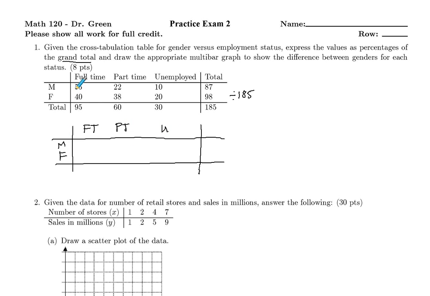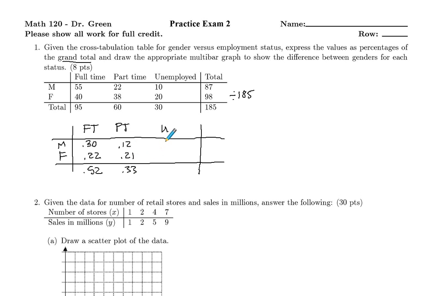So 55, we divide that by 185. And to the nearest percent, or to the nearest two decimal places, that's 0.30. 40 divided by 185 is 0.22. And 95 divided by 185 is 0.52. In the second column, dividing everything by 185, we get 0.12, 0.21, and 0.33.